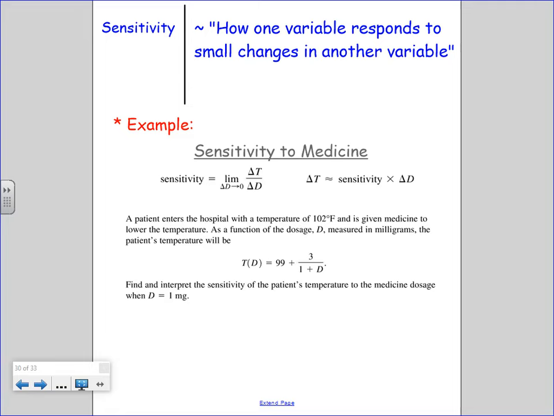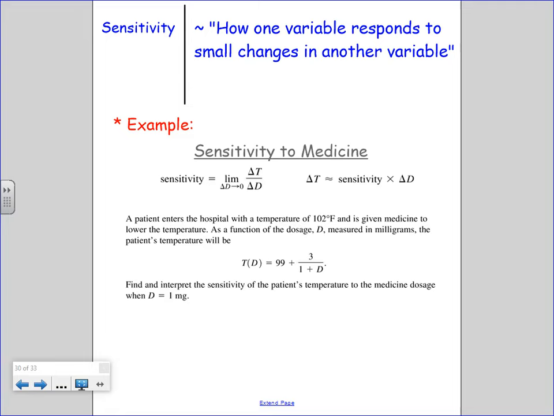Number two, if you give a certain dosage and it's not coming down, and I need to give a little bit more, you want to be able to get it down to an acceptable range, and you want to figure out exactly how much more you should give. But it does depend on how much has already been given. So there's a little formula for the sensitivity with the medicine, with the limit as delta D goes to 0, delta D meaning change in dosage.